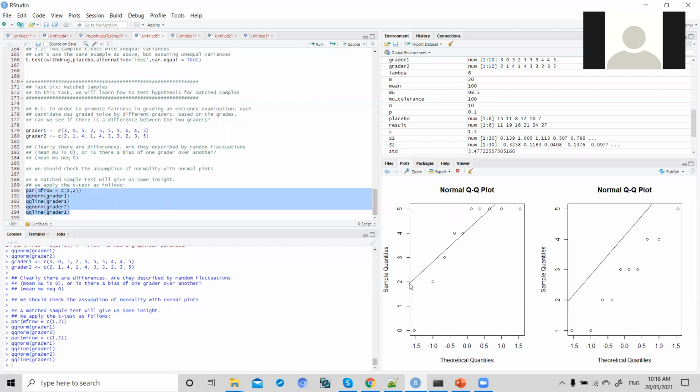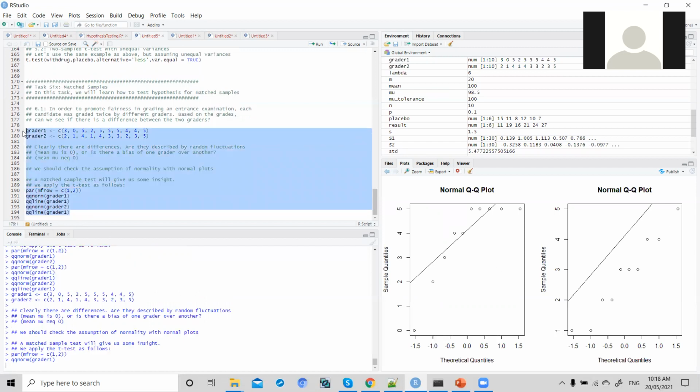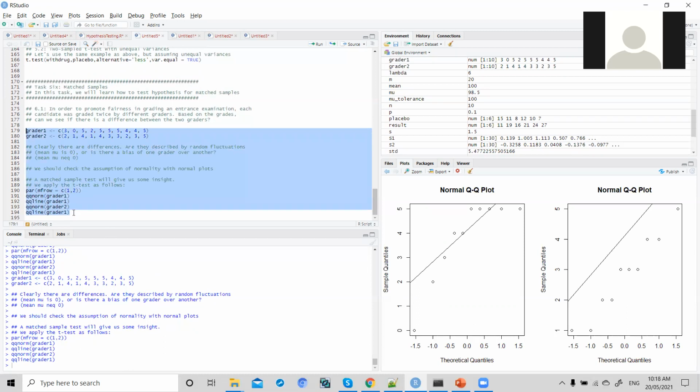If you run this, then we can say this does not look normal, because the line is not crossing each point. So we cannot say this is normal.